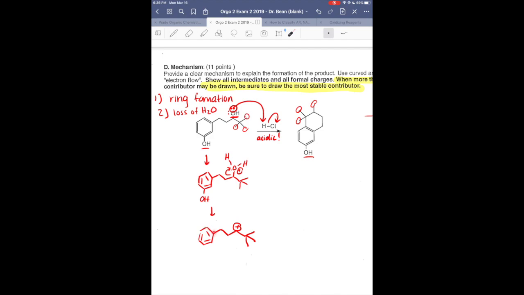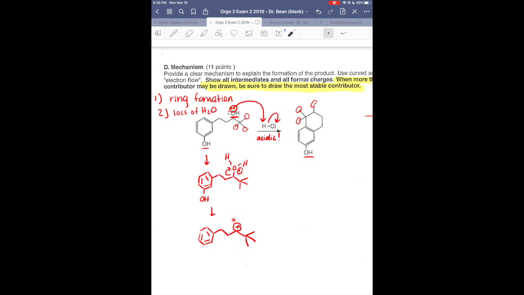So we're forming a 6-membered ring, right? So we already know it's going to include 1, 2, and then we need to count our way down the line, right? 3, 4, 5, right? So if we were to try to create a ring right here, it would be of 5 carbons, right? But really, we want it to be 6 carbons, like up here.